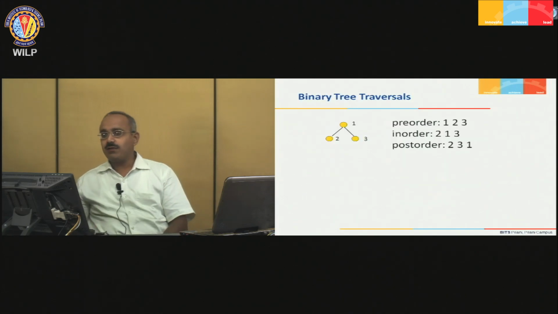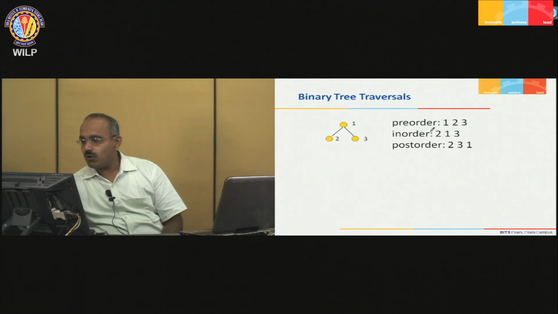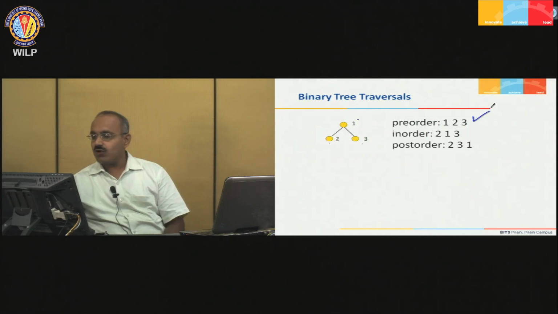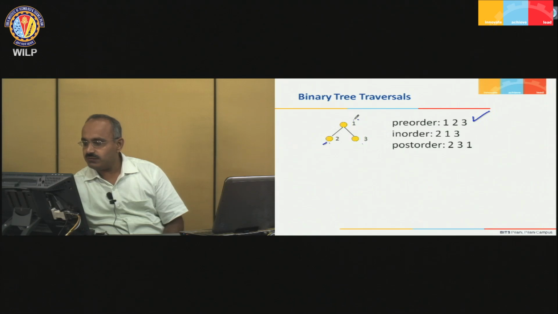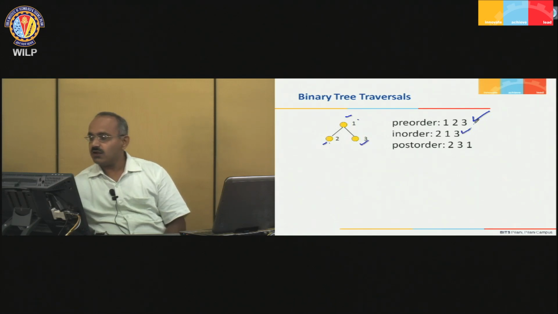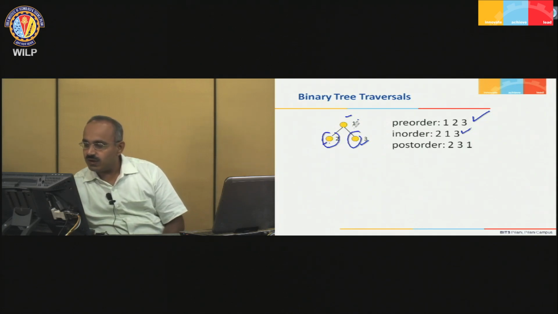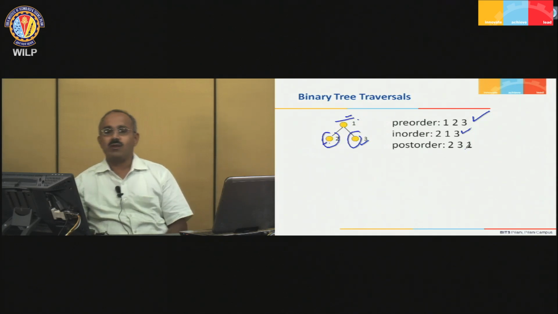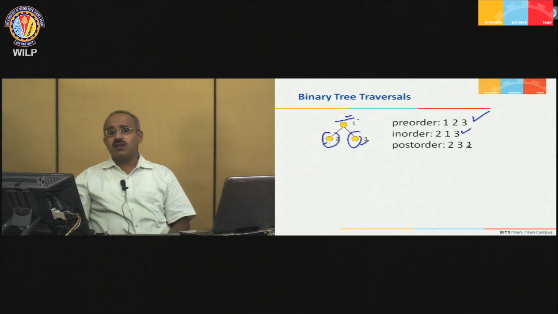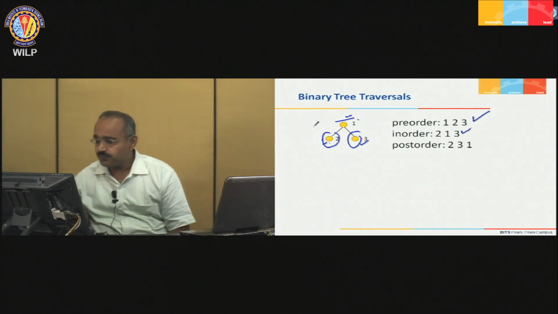That is a simple example. Pre-order is going to be first root, then left, then right. In order is going to be first left child, then root, then right child, which is 2, 1, 3, and post order is going to be first this, then this, and root at the last, which is 2, 3, 1.